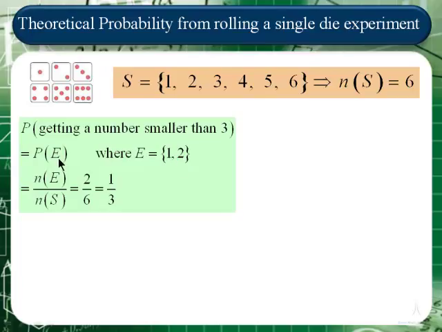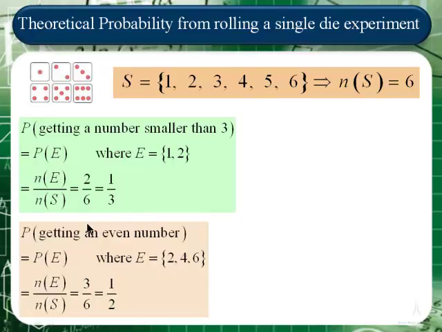So the probability of such an event is the cardinal number of the event, which is clearly 2, divided by the cardinal number of S, which is 6. So the probability is 1/3, or 33.33%.